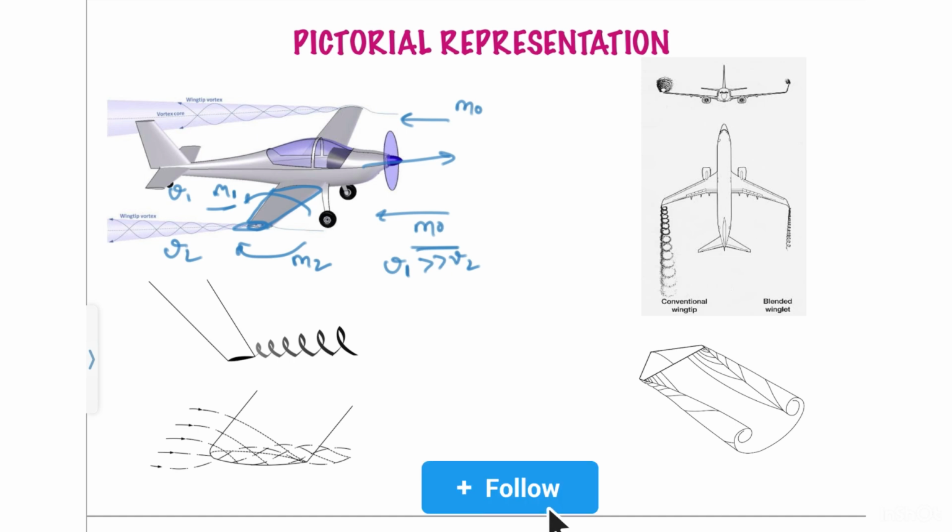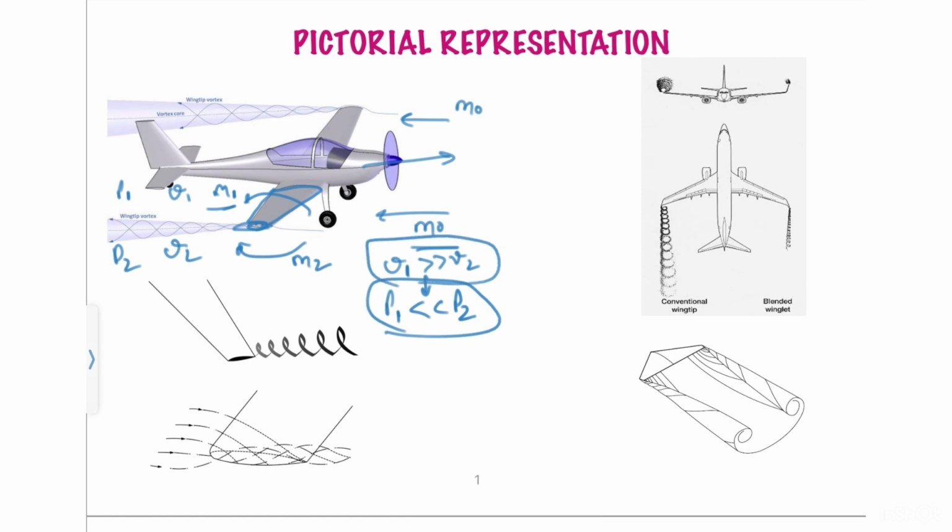The wings are designed in such a manner that the velocities of those two masses of flow are different and not the same, which implies that pressure P1 at the top is lower than P2. So that's why there is a pressure difference. Let's say P1 at the top and P2 at the bottom, and P1 is less than P2.